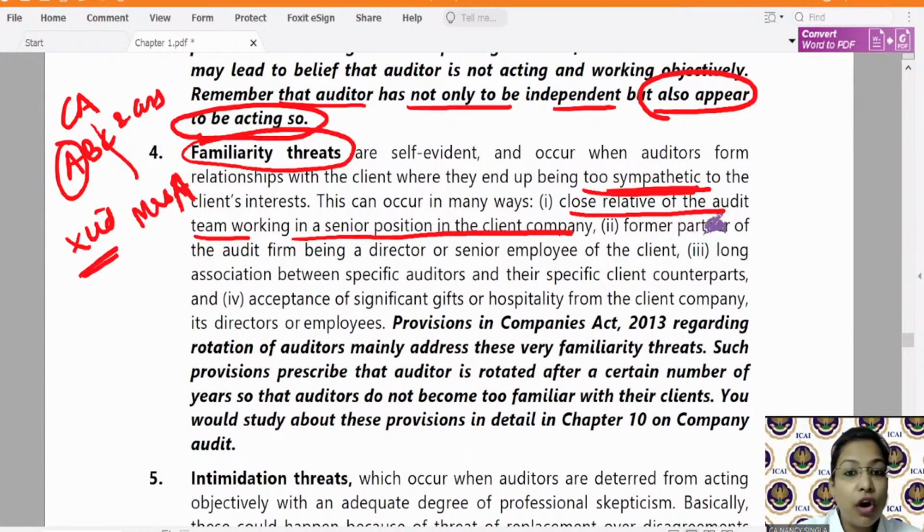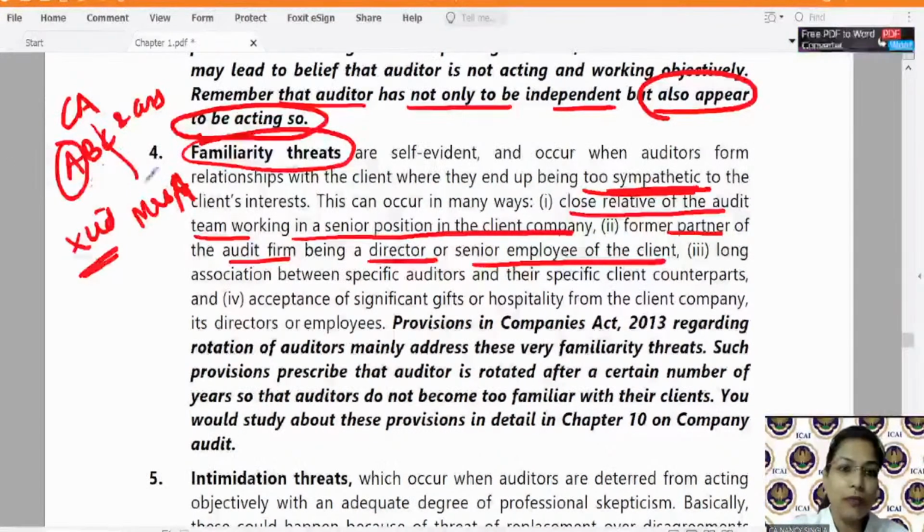Another example: a former partner of the audit firm being a director or senior employee of the client. Let's say earlier Mr. D was a partner in ABC and Associates. Now he is not a partner in this firm.